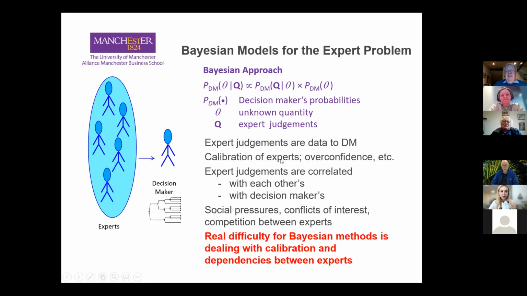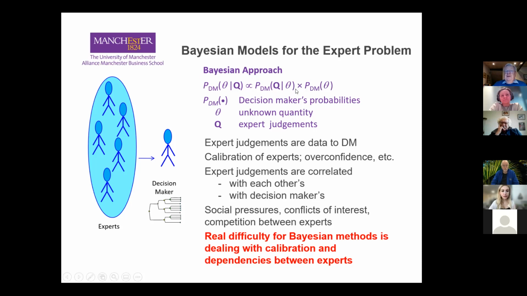It's dead easy, except that in there is a huge correlation matrix. There's a representation of correlation driven by the fact that experts are correlated in their judgment. They're driven by social pressures, conflicts of interest, and so on. They're poorly calibrated. How on earth are you going to build that?